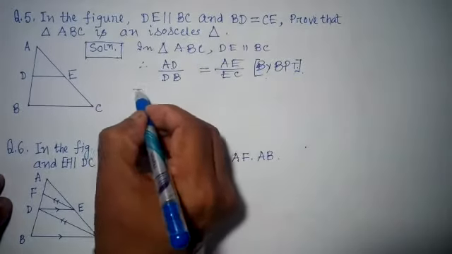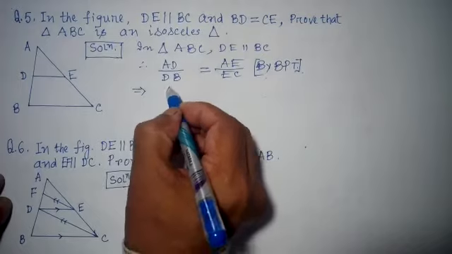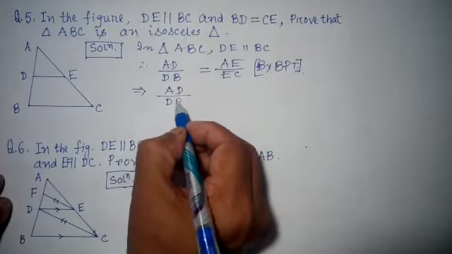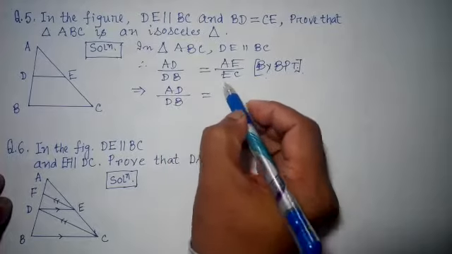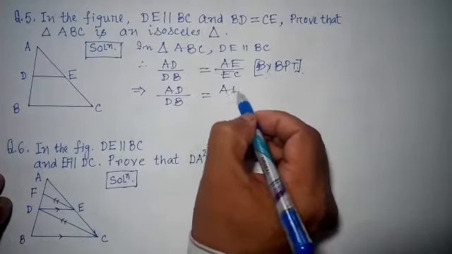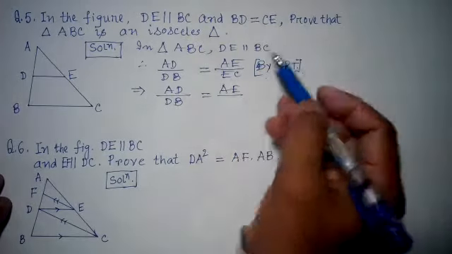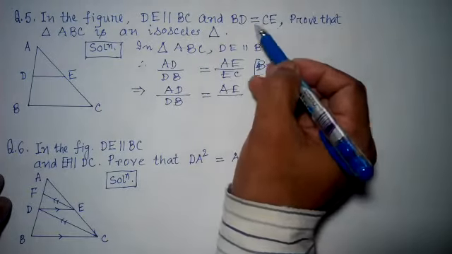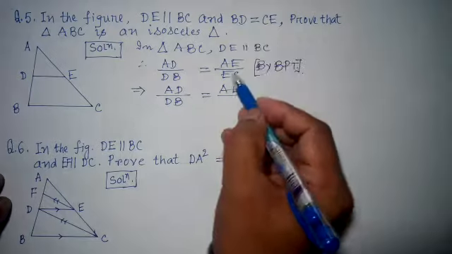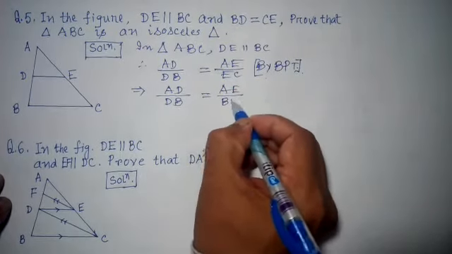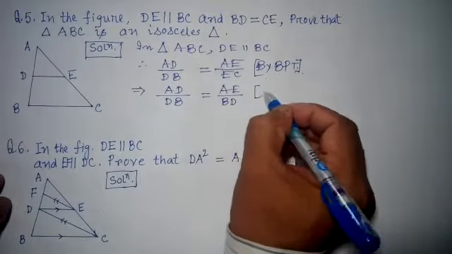AD by DB is equal to AE by EC. The value of EC is equal to BD, we can say. So in place of EC we can write BD.